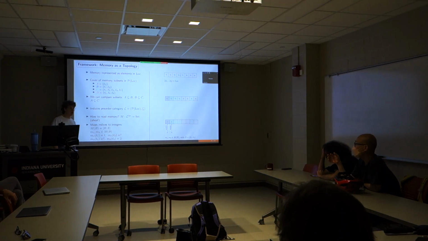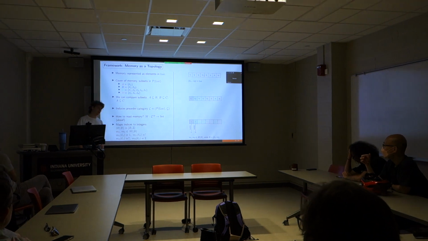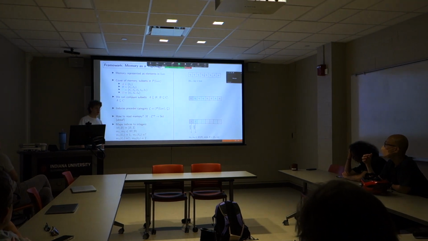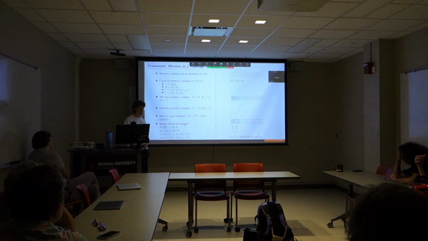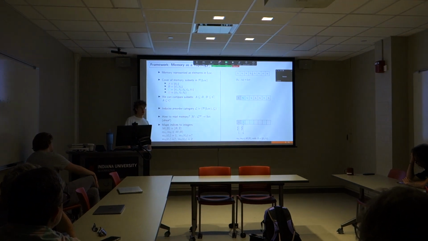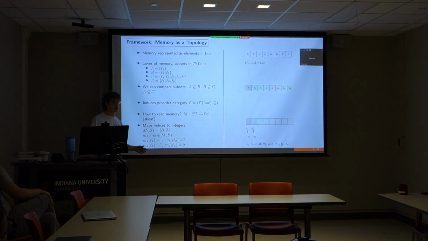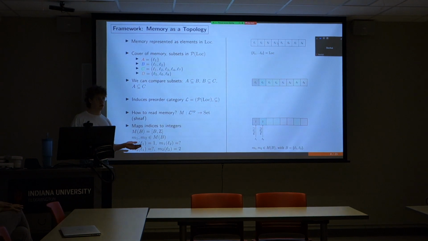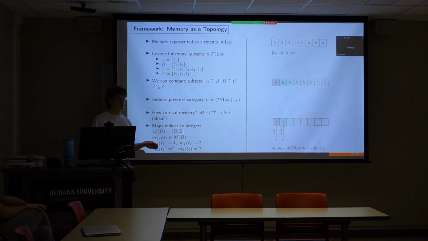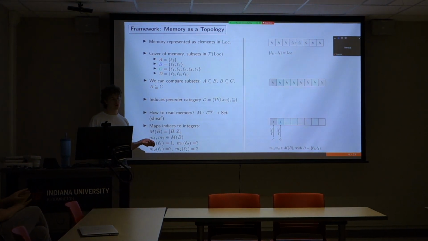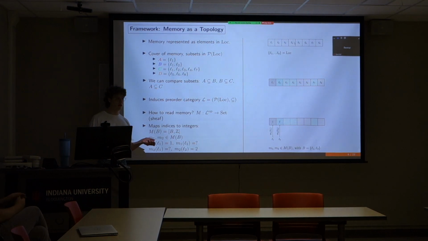For that I forgot to tell. We only have two cells basically, and we have a variable that represents the address of these cells.